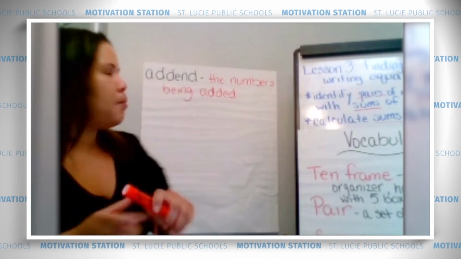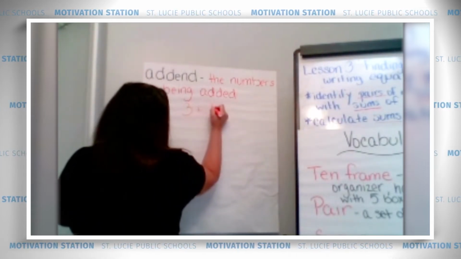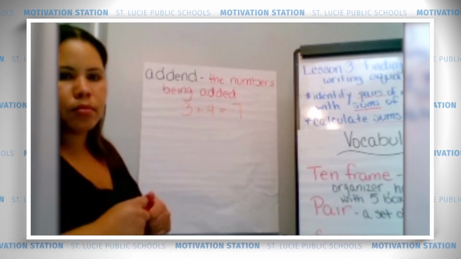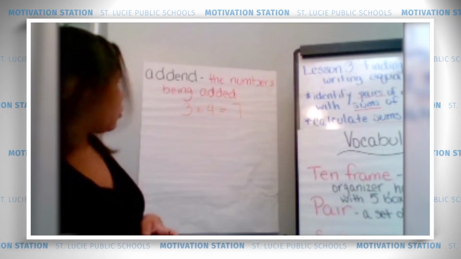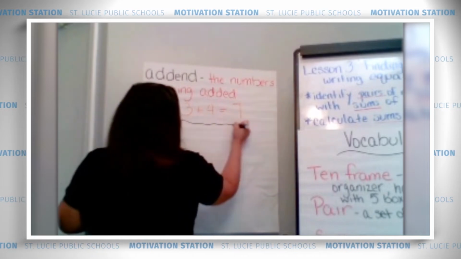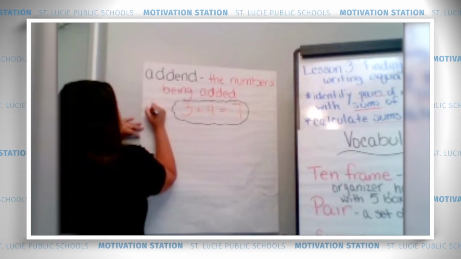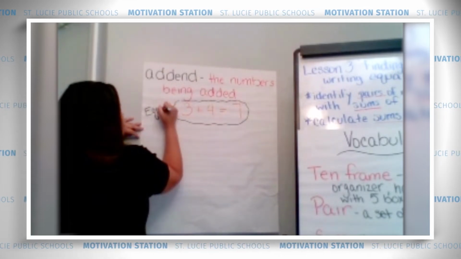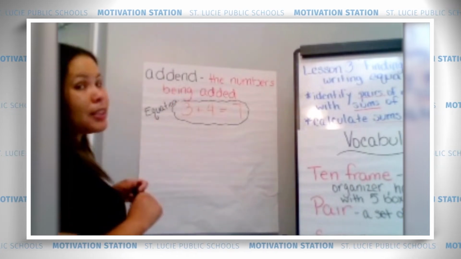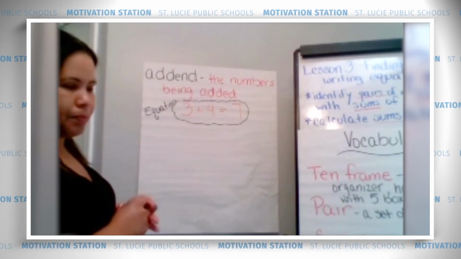Let's write that same equation that we used as our other example. 3 plus 4 equals 7. I could label this and say this whole thing, this whole number sentence is my equation. That's a big word for my big second graders. This whole thing is the equation.